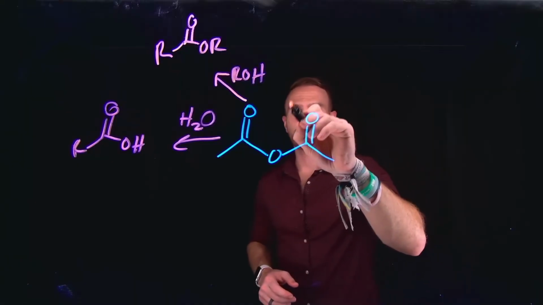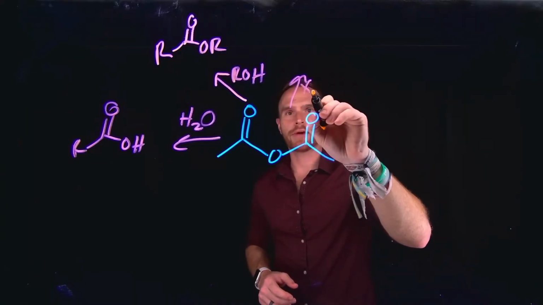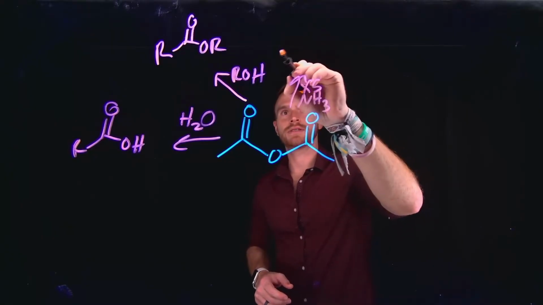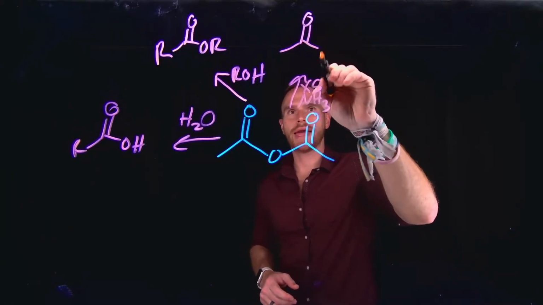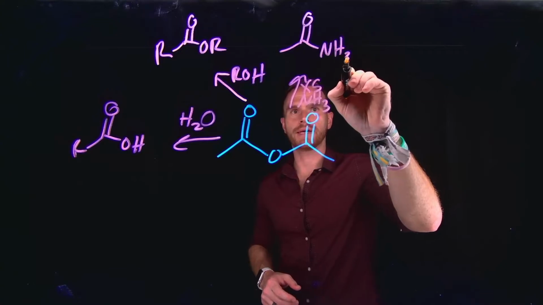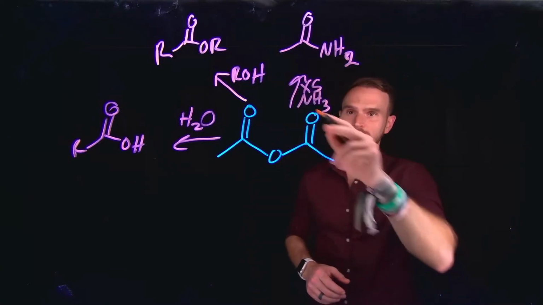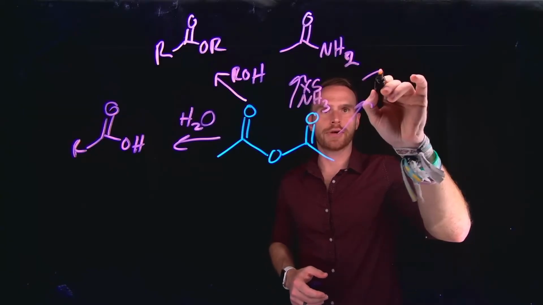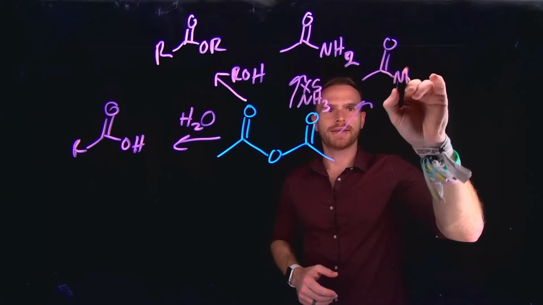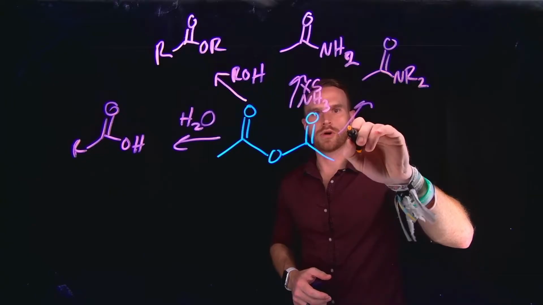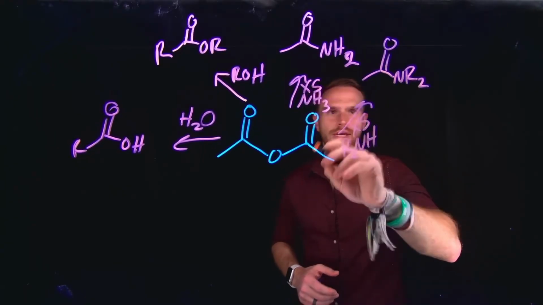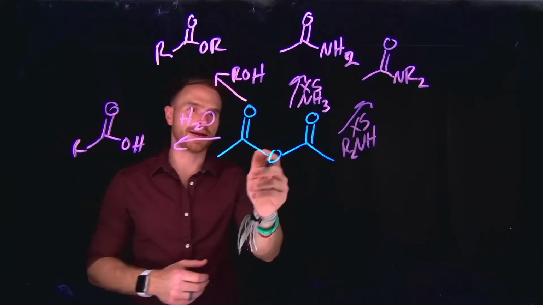Again, like acid chlorides, we can create primary amides simply by adding different amines to create brand new amide bonds. So a primary amide could be formed through the addition of excess ammonia, or if we wanted to make a secondary or tertiary amide, we would simply add different types of amines to our system. So excess amines can be used to create brand new amides from anhydrides.